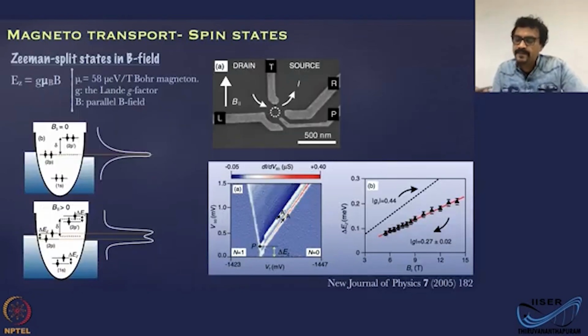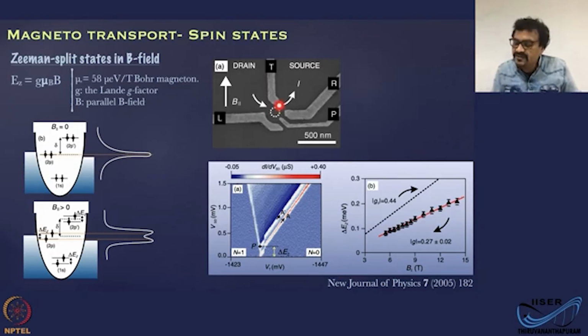Now, this is another example where you can do the spectroscopy of this artificial atom. In this case, what we are seeing is the effect of magnetic field induced spin splitting, or the Zeeman split states, that you can directly probe from the transport.